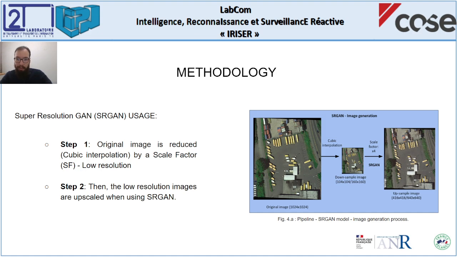For example, in Figure 4a, we use cubic interpolation, a standard method, to downsample the original high resolution image. Then, with the lower resolution image, we can upscale it, so we can generate a new image with an upscale factor by the SRGAN.